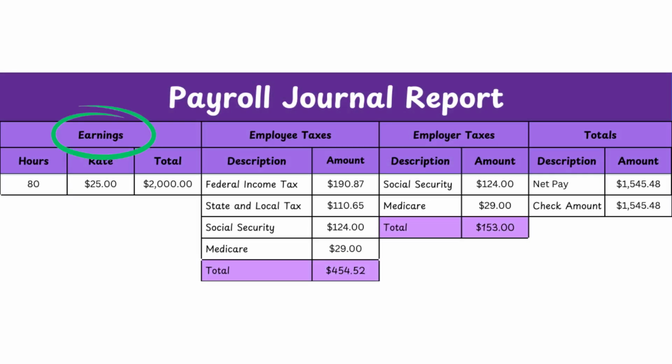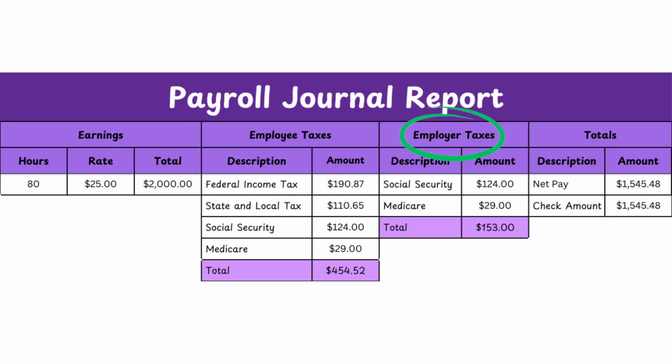In the earnings section, we can see that the employee works 80 hours and earns $25 an hour for a total of $2,000. In the employee taxes section, we can see the various taxes that she pays, which includes federal income tax, state and local tax, Social Security and Medicare for a total of $454.52.